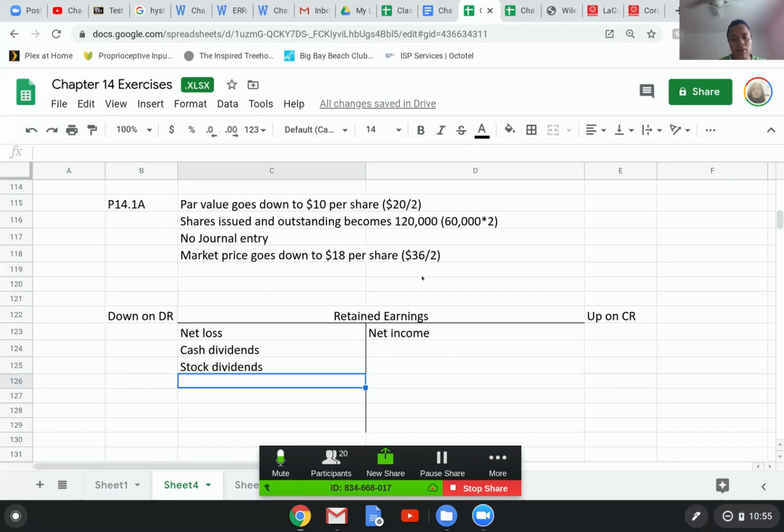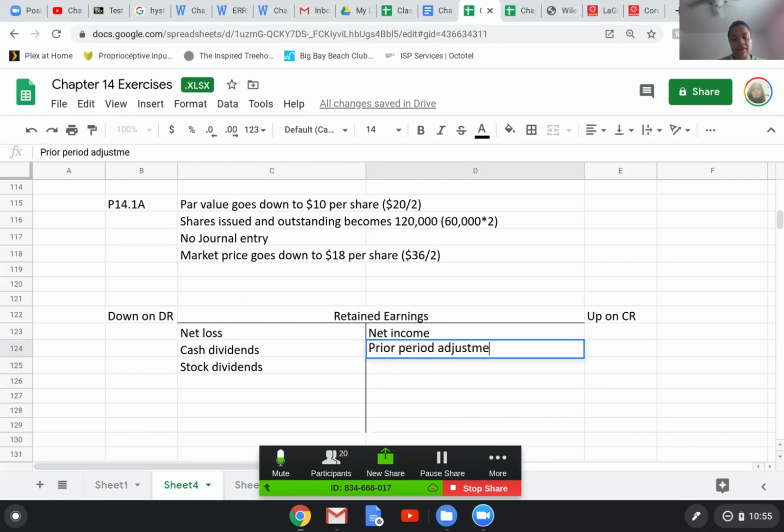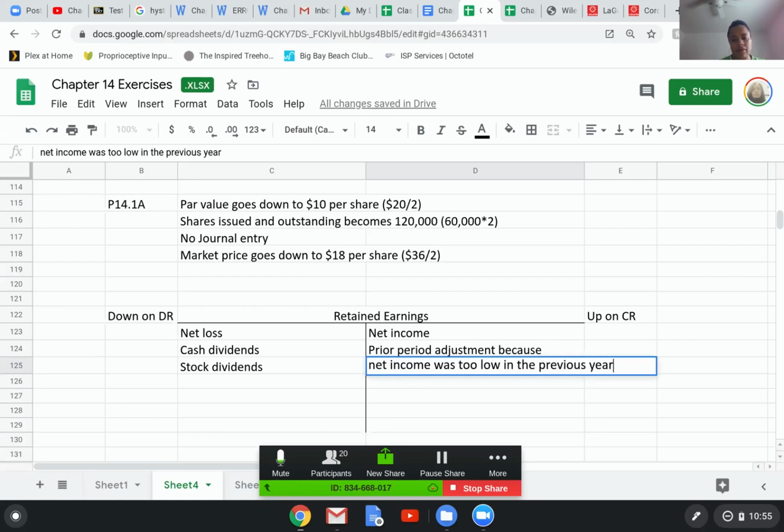So how do we know how to treat these adjustments? Retained earnings will go up if there's a prior period adjustment because net income was too low in the previous year. Okay, so for that you'll have to increase retained earnings.